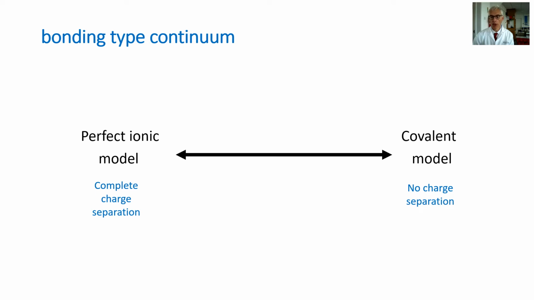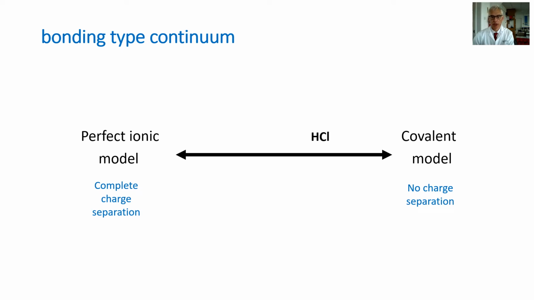There's no bond polarity. However, we've seen now, using the concept of electronegativity, that a covalent molecule such as hydrogen chloride in fact has some degree of ionic character in that the bond is polarized.